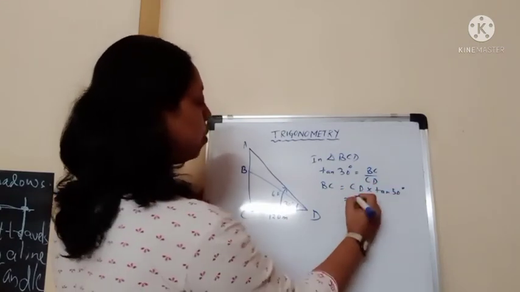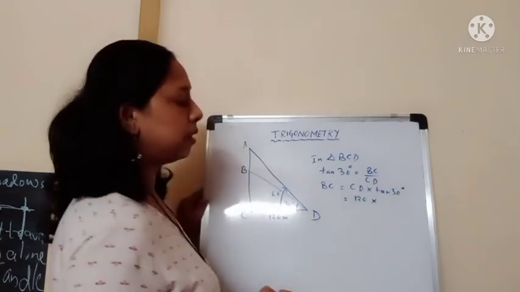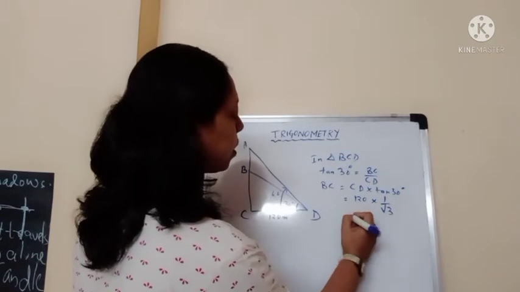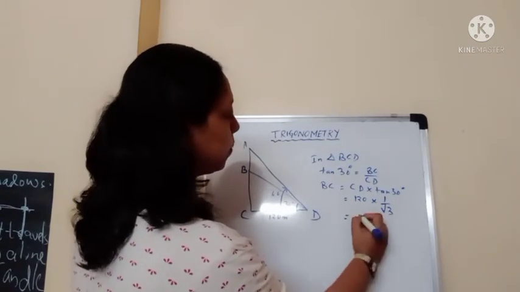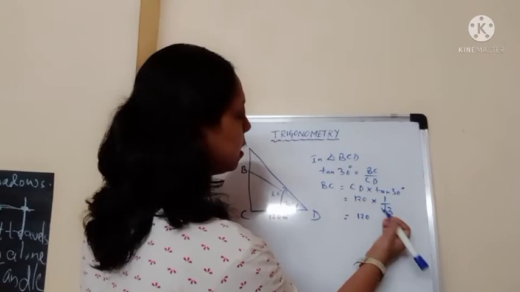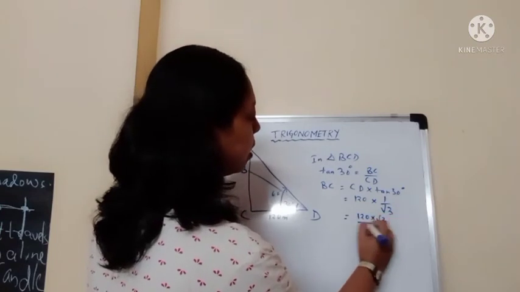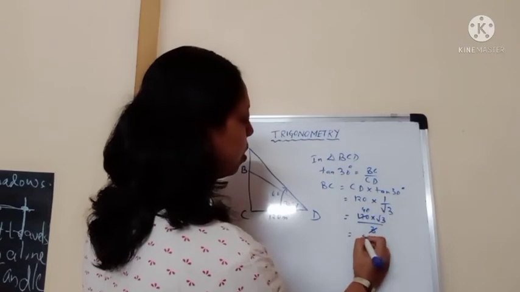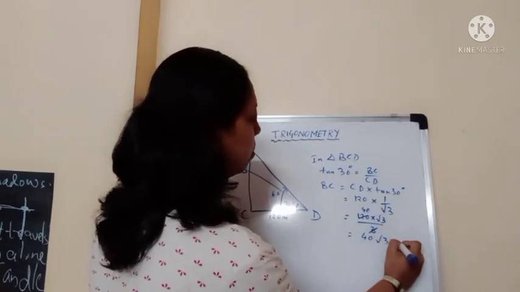CD is 120 meter and tan 30 degree is 1 upon root 3. Keep it like this, or we can rationalize it by multiplying by root 3. So it is coming out to be 40 root 3 meter.